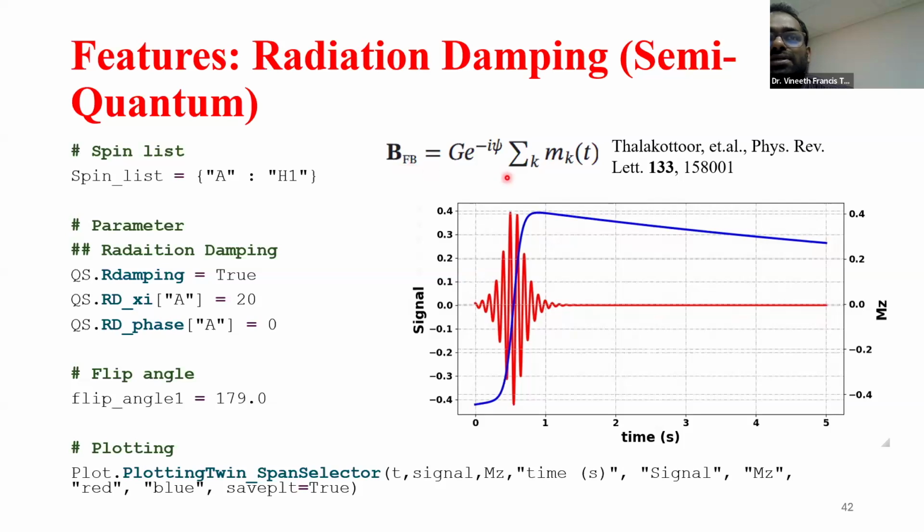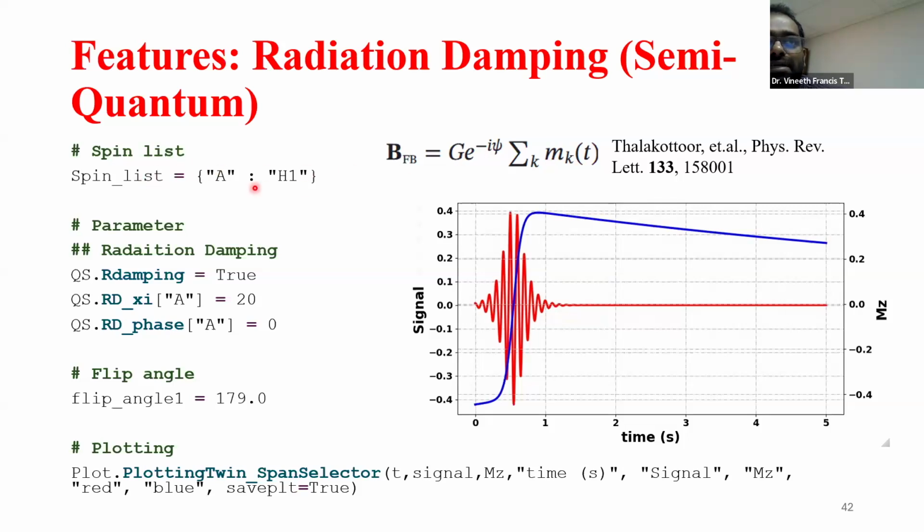It will compute the dipolar field by calculating the expectation value of the transverse magnetization, and the radiation damping field is proportional to this transverse component with a constant, which is the gain, which will be your circuit or probe parameter, which is G. And we have a phase, and this phase is nothing but the phase difference between voltage and current.